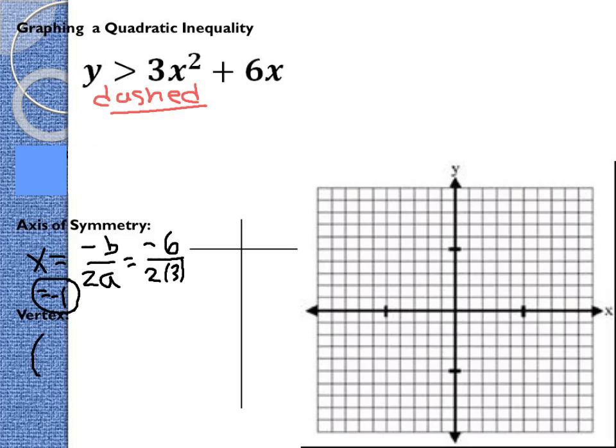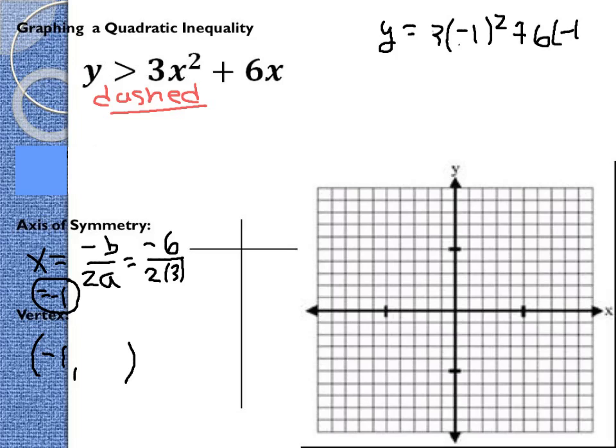So then I can use this to find the coordinate of my vertex. And I get this by plugging my negative 1 into my equation. So I think of this for the moment as being the equation. I get y is equal to 3 times negative 1 squared, plus 6 times negative 1.